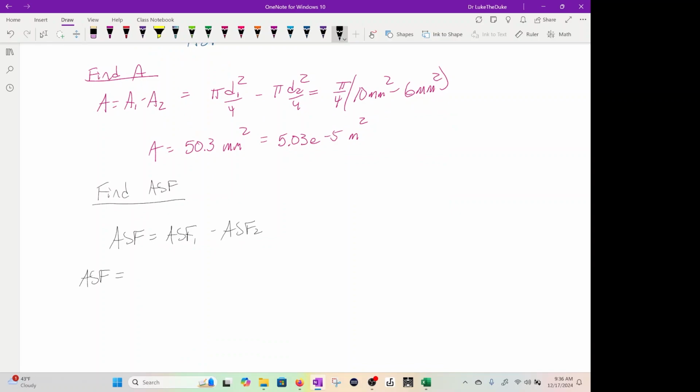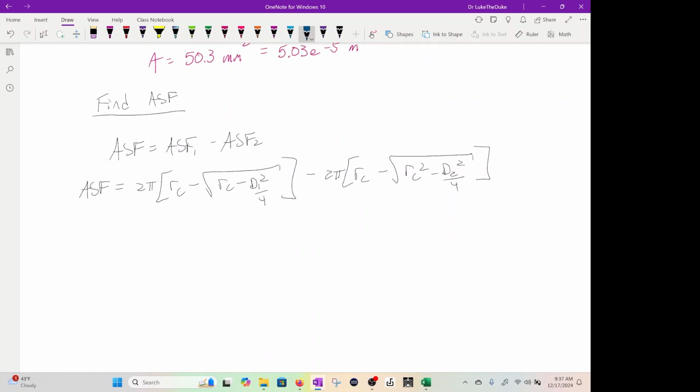Using that equation I showed you earlier, it's 2 pi times Rc minus the square root of Rc squared minus D1 squared over 4, minus 2 pi times Rc minus the square root of Rc squared minus D2 squared over 4. So we're going to plug in numbers.